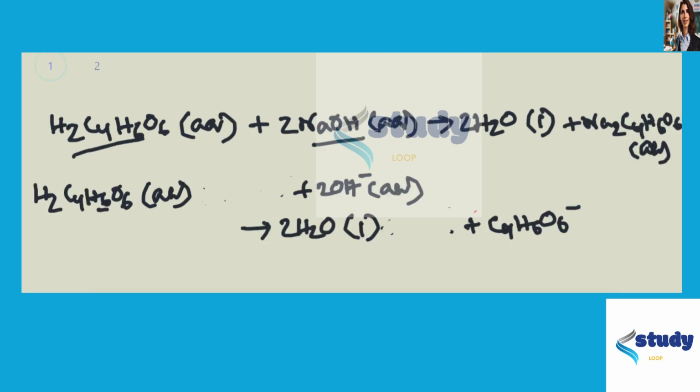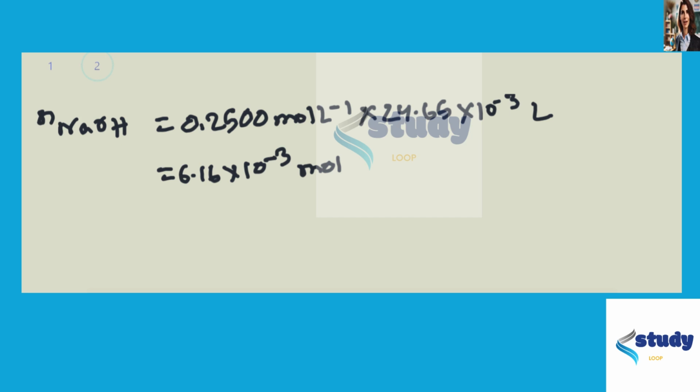Now from the balanced equation we can see that 2 mole sodium hydroxide reacts with 1 mole of the tartaric acid. So we can write down 2 mole of our base reacts with 1 mole acid.